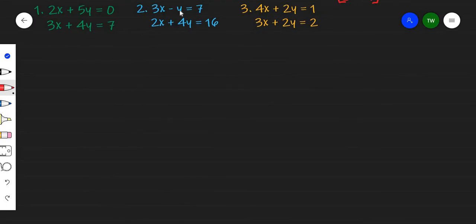Now to example 2, the first thing that we're going to do is rewrite this problem in matrix form. So it's going to be 3, negative 1, 2, 4, and that's the coefficient of each term here. So that forms a 2 by 2 matrix.